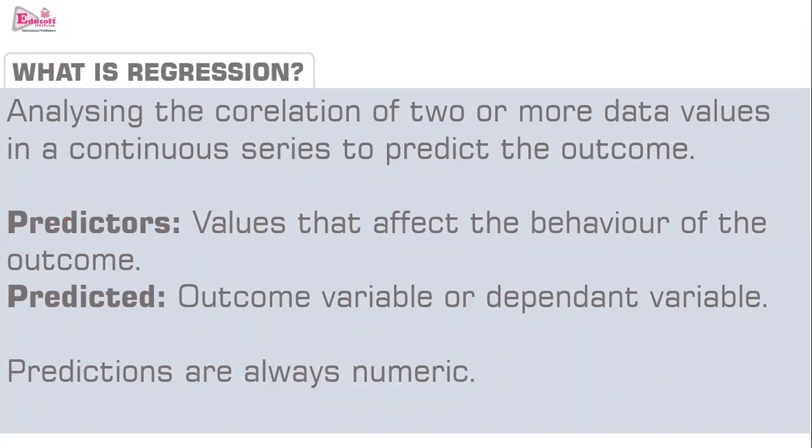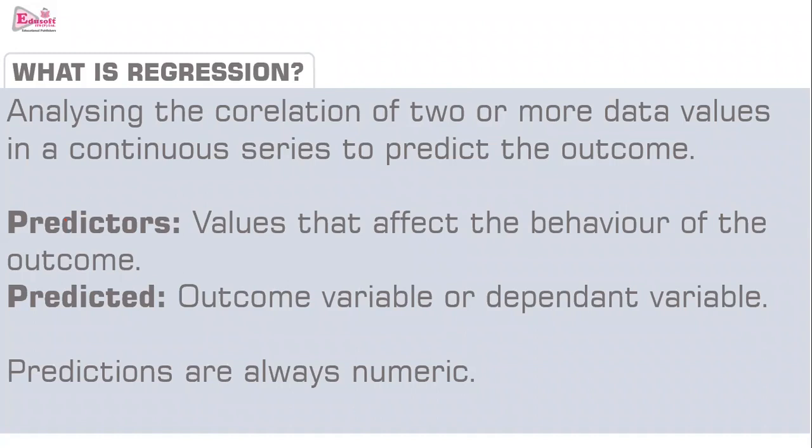When we analyze the relation between two or more data values to predict some outcome. For example, you analyze the continuous values of salaries and you predict the next salary. So that outcome, if you're predicting out of a continuous set of data, then that technique is called linear regression or simply regression.